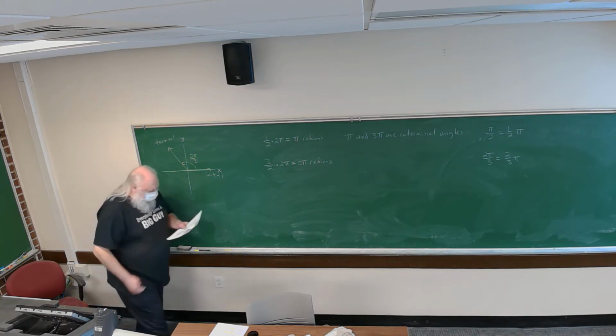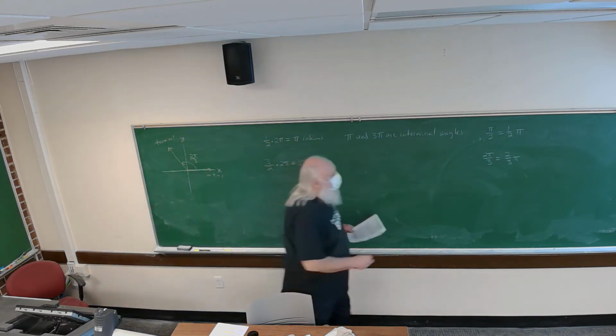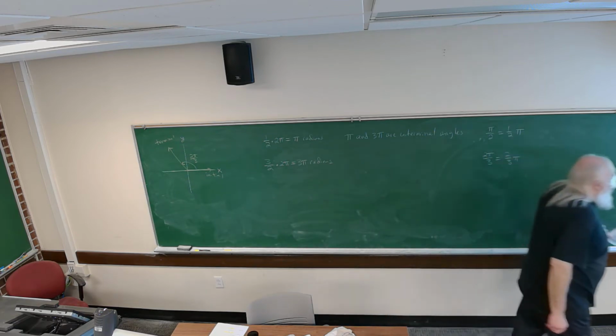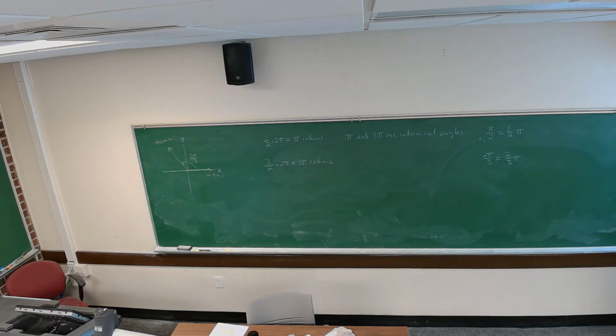Find 2 angles that are coterminal with it. Well, yesterday in talking about angles in degrees, angles that are coterminal differ by an integer multiple of 360 degrees.